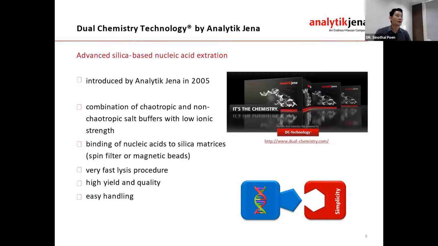Also, lysis procedures become more efficient because the proteolytic enzymes used, such as proteinase K, can work more efficiently in less chaotropic conditions provided by the technology. And handling is still as easy as the conventional silica-based extraction method.